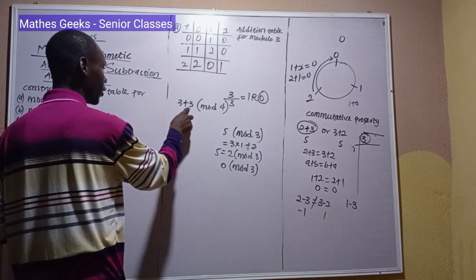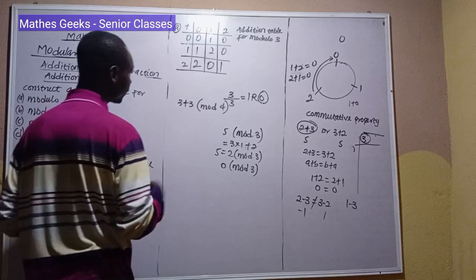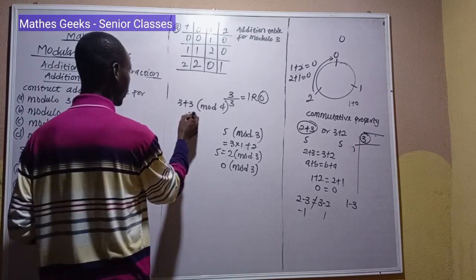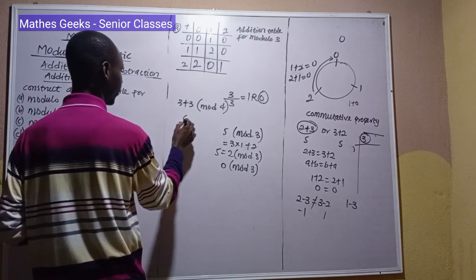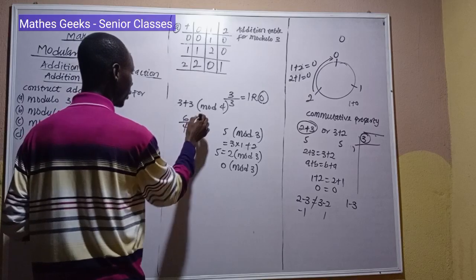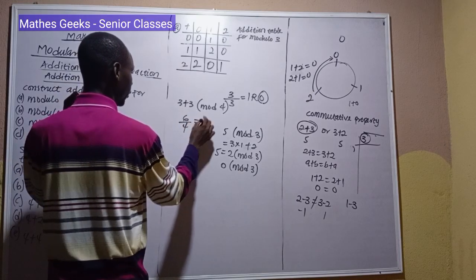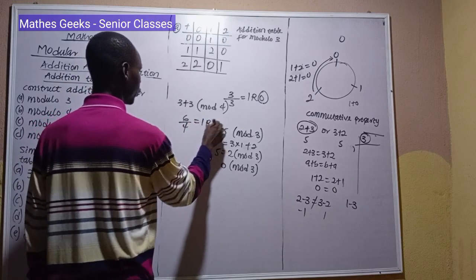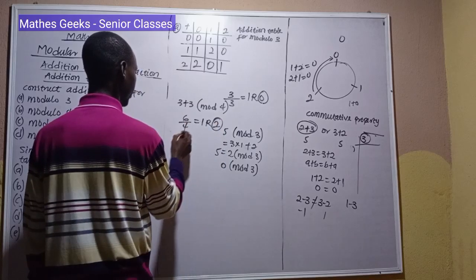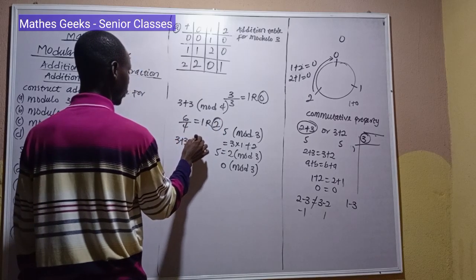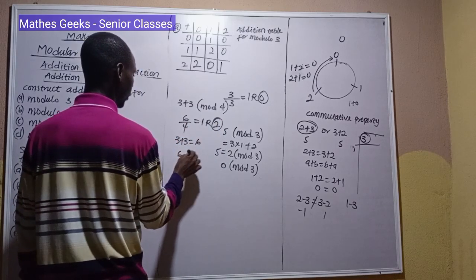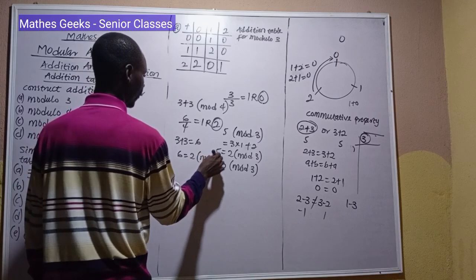The result of the addition exceeds 3. So you divide 6 by the mod number, which is 4. 6 divided by 4 is 1 remainder 2. So this is the 2 that you take. So 3 plus 3 is equal to 6, and 6 is equal to 2 in mod 4.